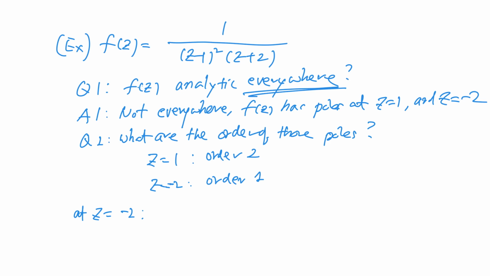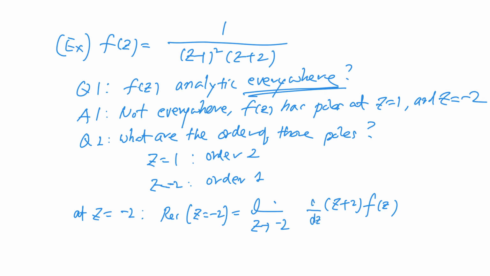You just multiply, so the residue: you take the limit as z goes to -2, multiply by z plus 2, f(z), and of course divide by n minus 1 factorial, 0 factorial. 0 factorial is 1.